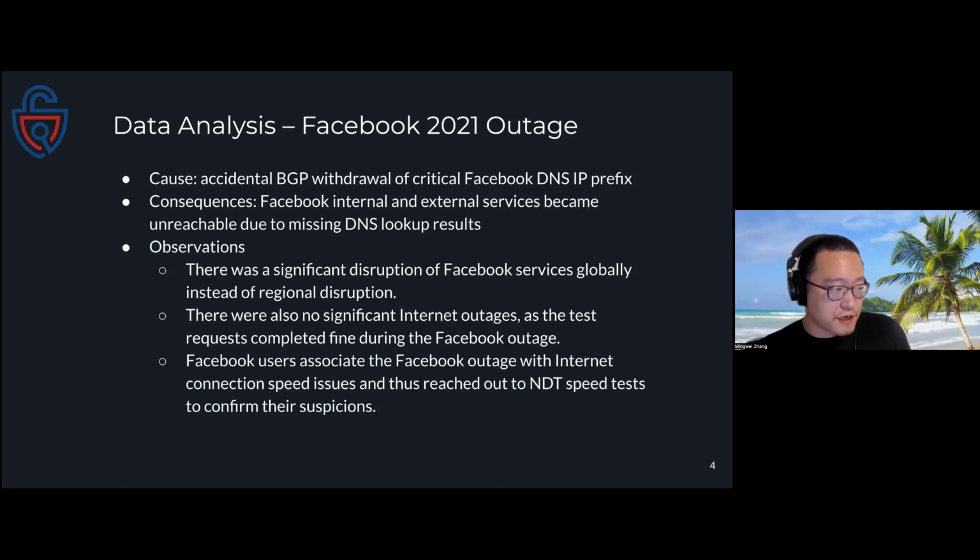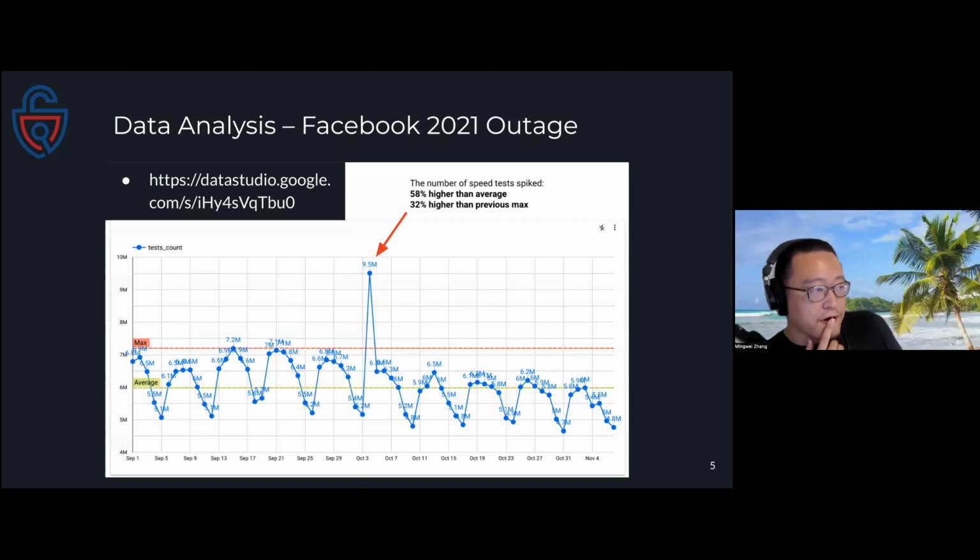The Facebook users, however, associated the Facebook outage with internet connection speed issues or internet outages. So they thought it could be their internet issues, and thus reached out to do NDT speed tests to confirm their suspicions. What we can see from the NDT data is pretty obvious.